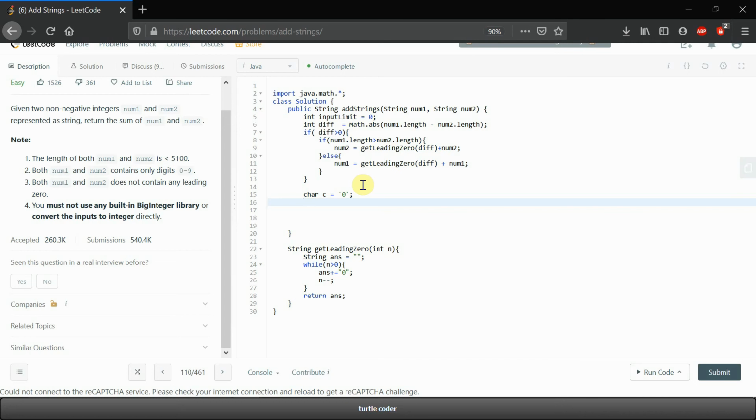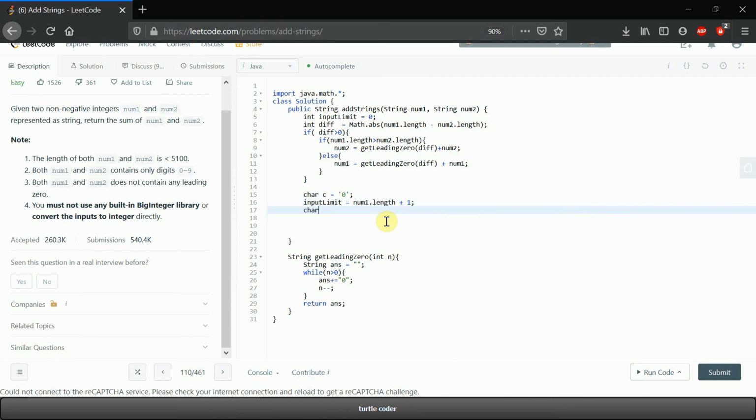Then what we have to do is get the input limit. This input limit is equal to, now I can use any of the nums 1 or 2, num1.length plus 1.